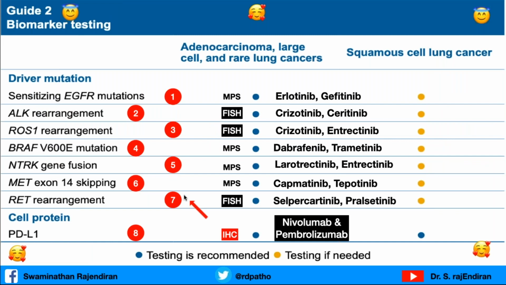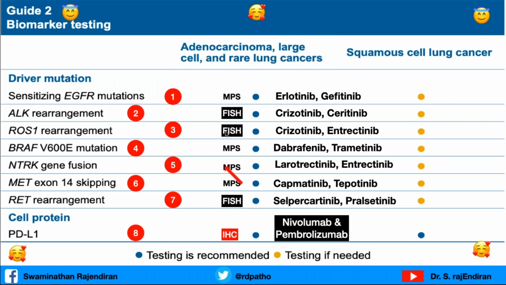And what are all the markers we do for adenocarcinoma and squamous cell carcinoma? For adenocarcinoma, we do all the markers: EGFR, ALK, ROS1, BRAF, NTRK, MET, RET, and then the immune modulator PD-L1. Whereas in squamous cell carcinoma, we do PD-L1, and for non-smokers, or in cases where it is needed, we do the other markers.